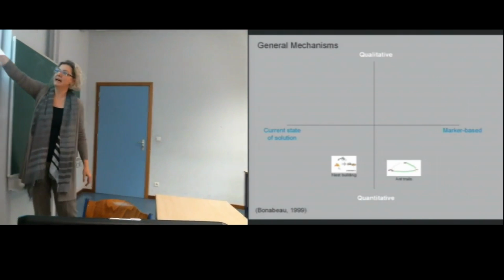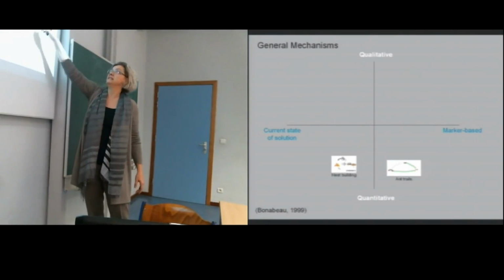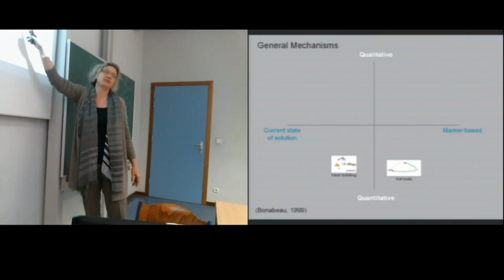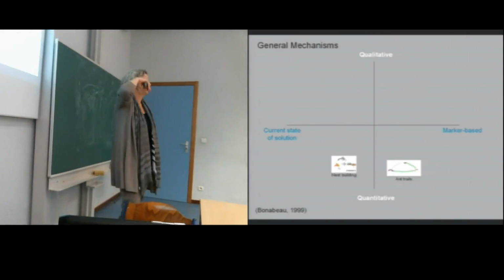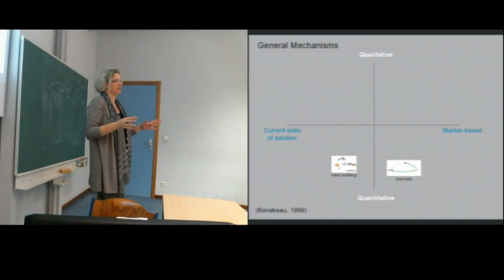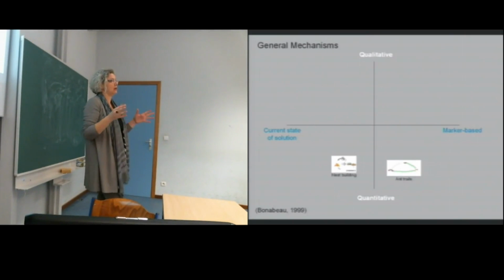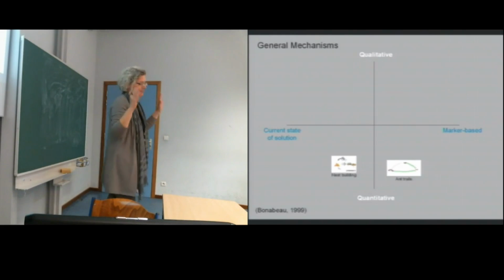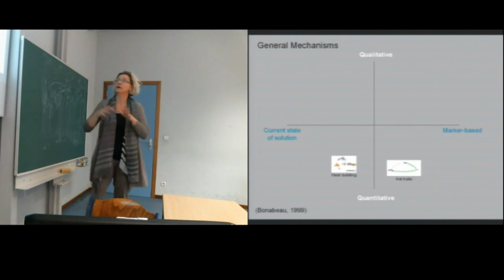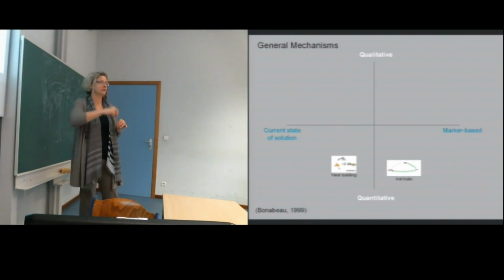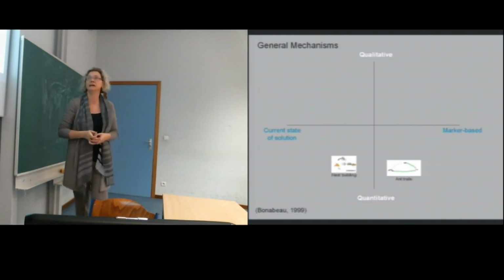word. On this side, which is also quantitative, but it's marker-based, you have the traits, which mean that when ants are going out to forage, they go out pretty much at random. Let's assume, it's an assumption. They go out pretty much at random. The first one that finds food come back and leaves a trace on the way back.